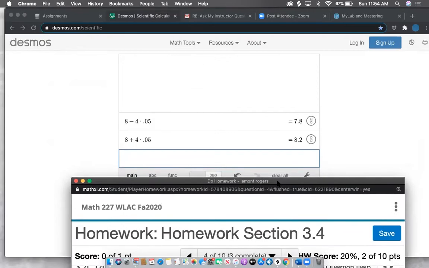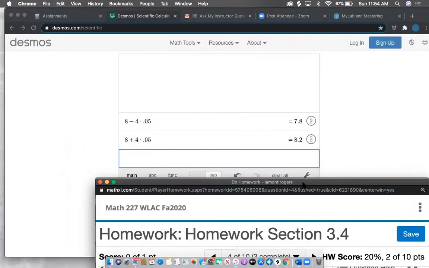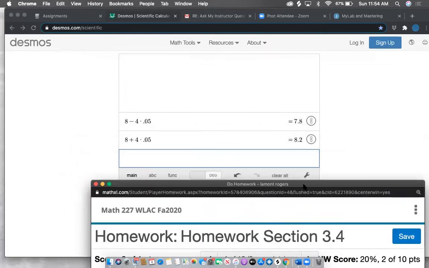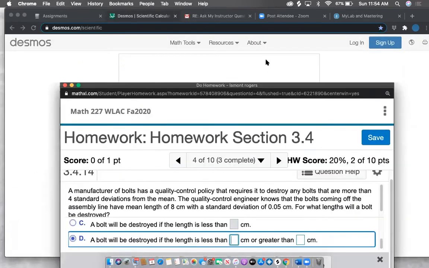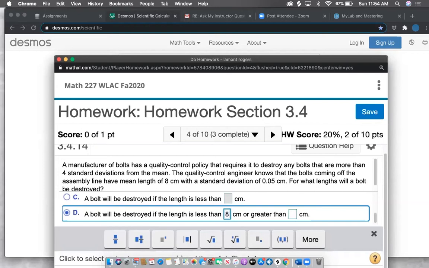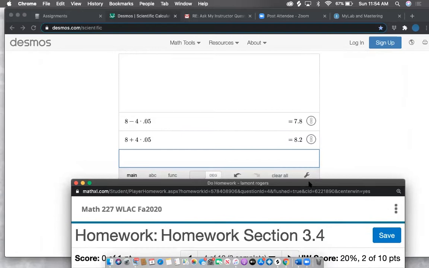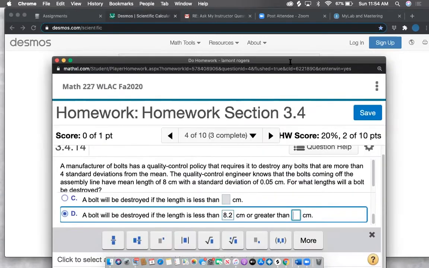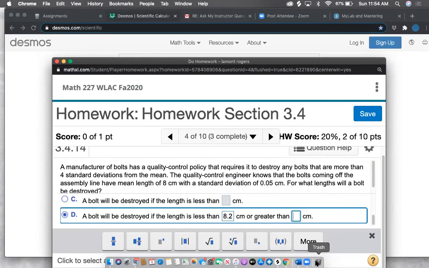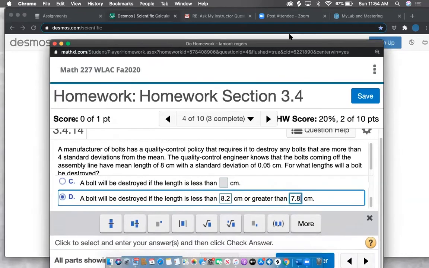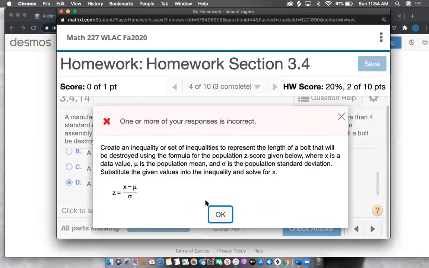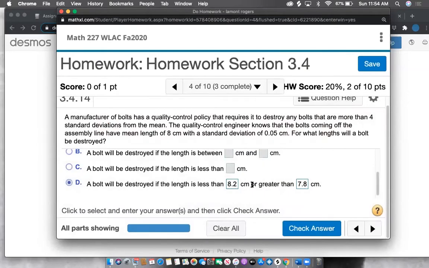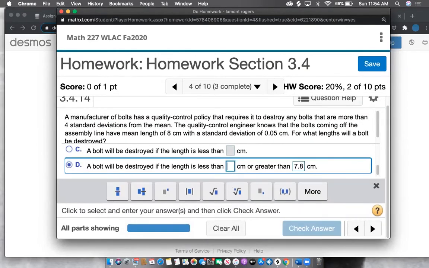Does it matter which one you put? Actually, the numbers are backwards, because it says it'll be destroyed if it's less than or greater than. They're going to destroy the bolts if they're too small or too big.